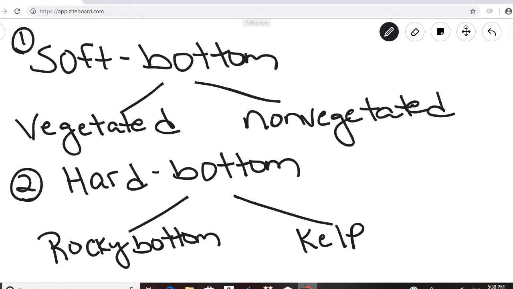We'll work our way through these different habitats and the type of life that we find in the different habitats. Okay, so let's start with the soft bottom.